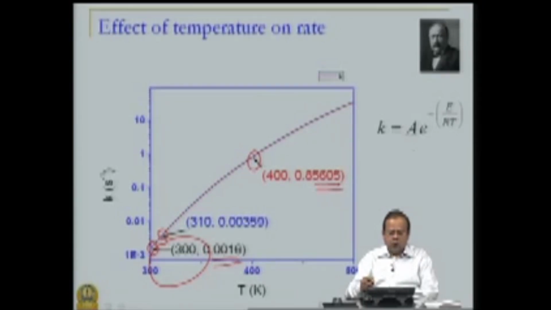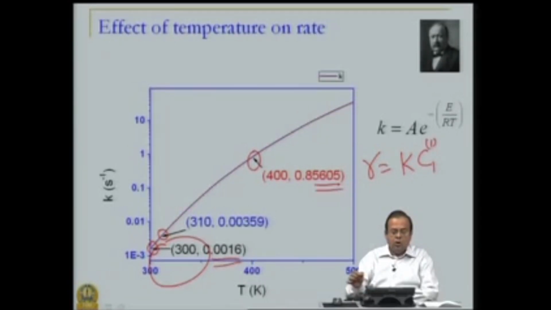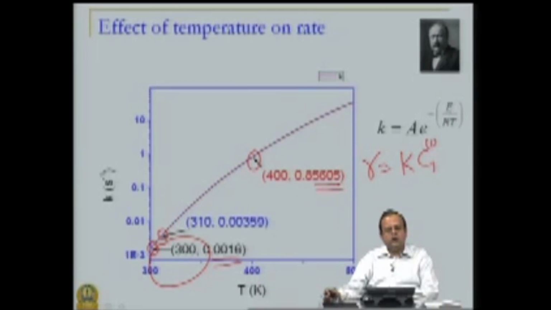Let me reiterate: if the rate of reaction is k C raised to 1, so a first order reaction, we all know that a first order reaction implies linearity of rate and concentration.